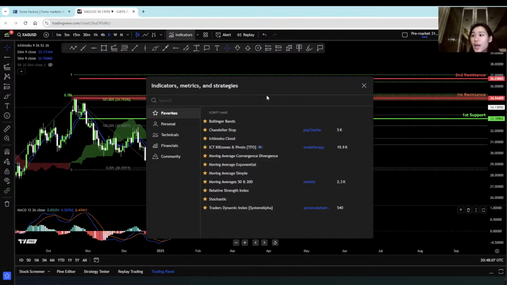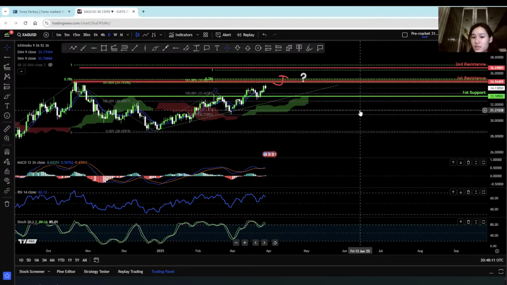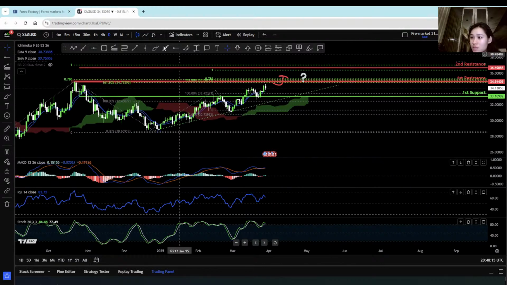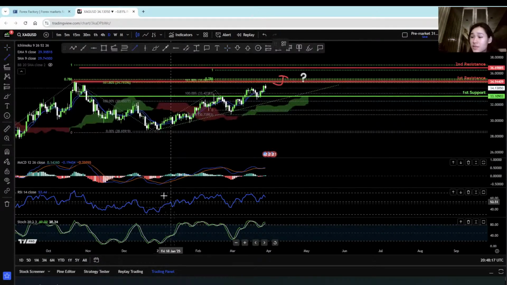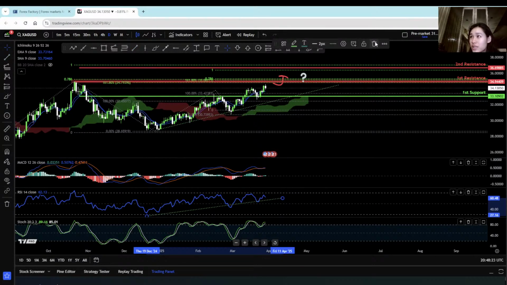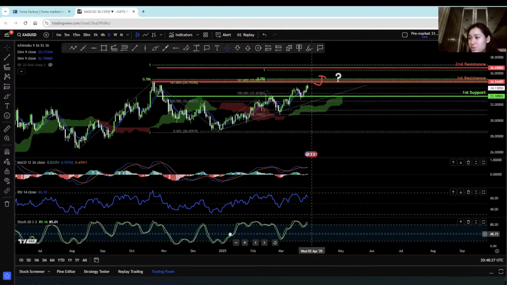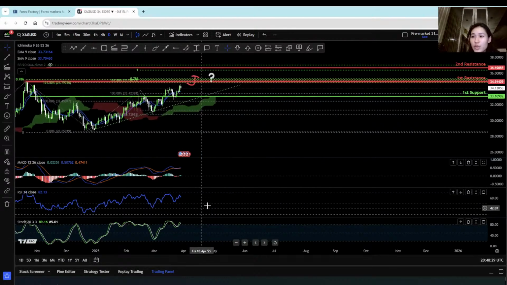Let's look at RSI and stochastic. RSI, this is not a valid trend line. But you can definitely see prices both moving upwards.